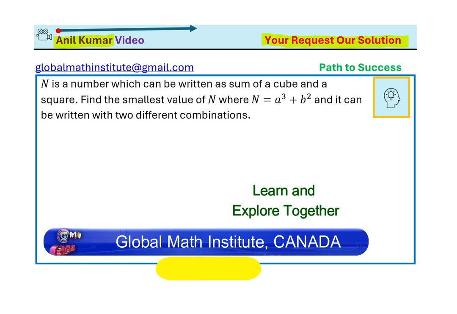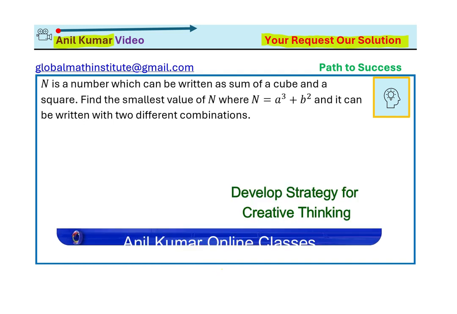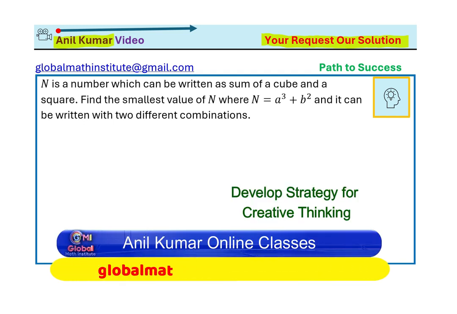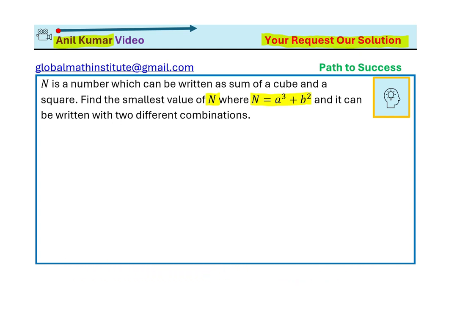It is your request which we answer as a part of solution on this platform, a learning platform for both of us. Here we have a very interesting question, one of its kind. N is a number which can be written as sum of cube and a square. Find the smallest value of n where n equals cube of a number a and square of a number b, sum of these two.